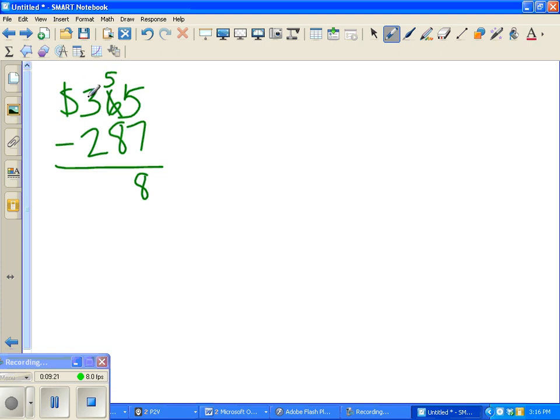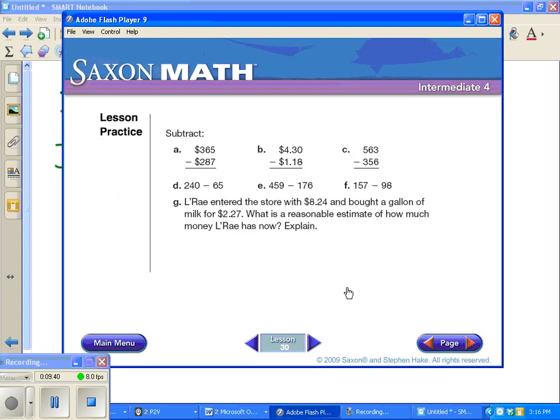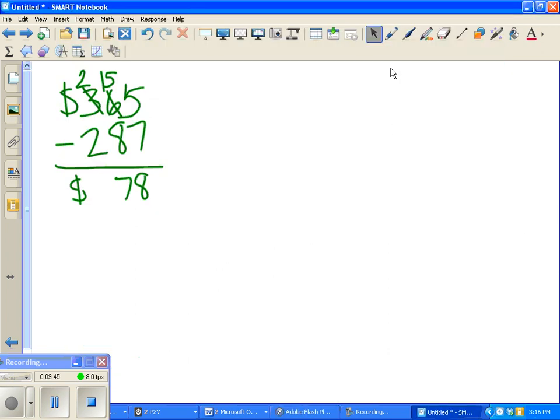So we look to the next door neighbor for help. 3 becomes a 2. 5 becomes 15. 15 minus 8, 7. Getting a lot of practice with that fact family on this problem: the 7, the 8, and the 15. And 2 minus 2, 0. I do not have to put the 0 in the front. Final answer, $78.